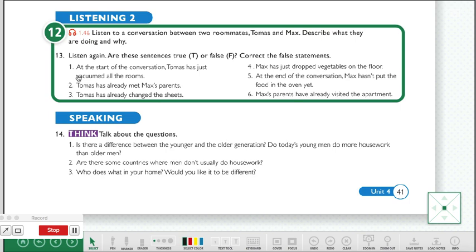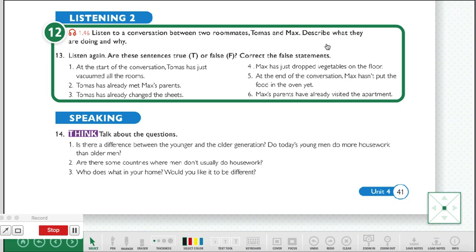In the notebook, you are going to write this part of the instructions: describe what they are doing. This is in the notebook, because you are going to listen to the conversation. What do you think they are doing? I think they are doing homework. That's the idea, just one phrase.